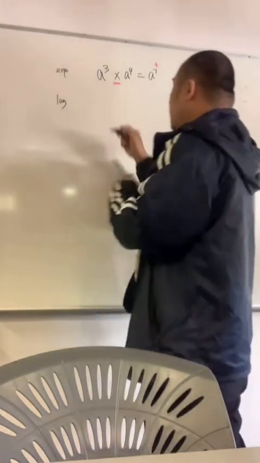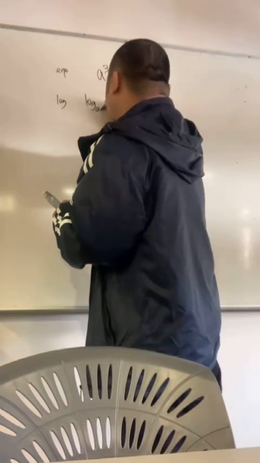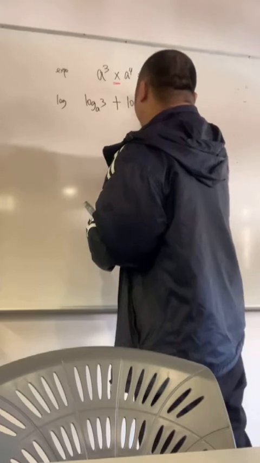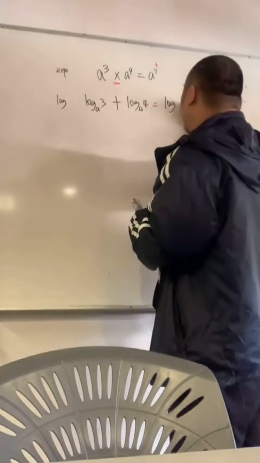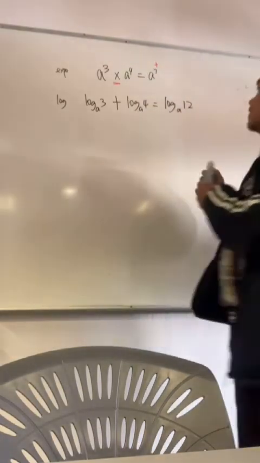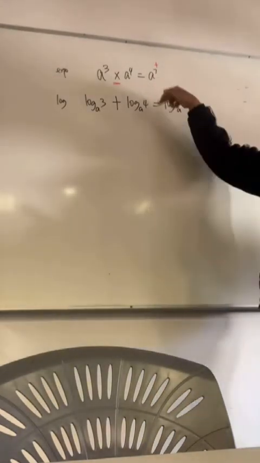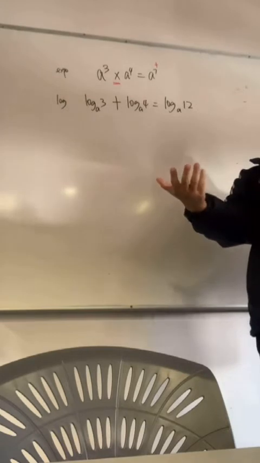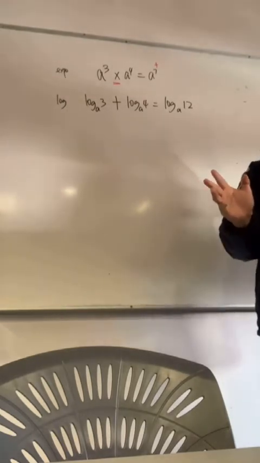So let's say if it's log_a 3 plus log_a 4, you will get log_a 12, because they are opposite. I know some of you, after two or three months of not doing anything about log, will forget.